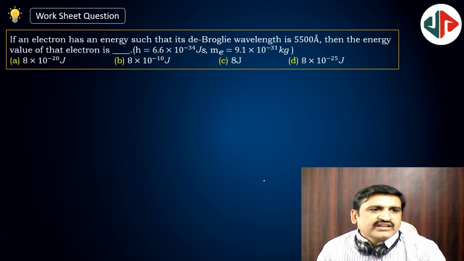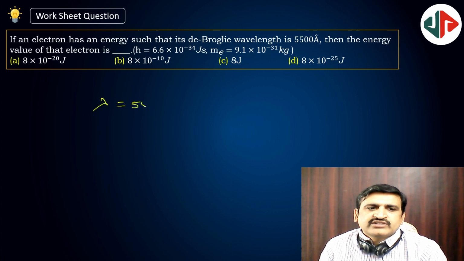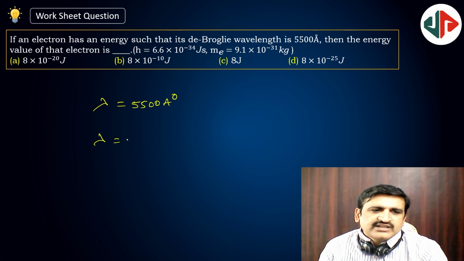If an electron has an energy such that the de Broglie wavelength lambda is equal to 5500 angstroms, then what is the energy of that electron? Lambda is equal to h by square root of 2mKE.